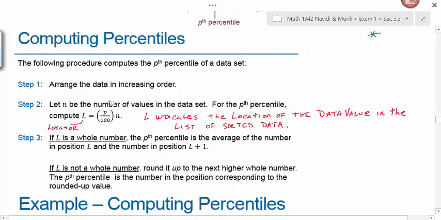When you use this formula, and that's all it is, a formula, if L is a whole number, then the percentile that you're looking for will be the number in that position of the whole number plus the next position. You just average those two. It's the average of the numbers in the L and the L plus 1 position. If L is not a whole number, we round up to the next whole number, and then that's going to be the location of the data value that corresponds to the given percentile.